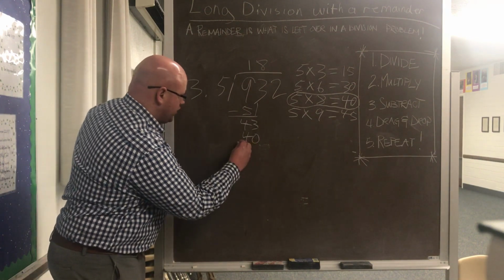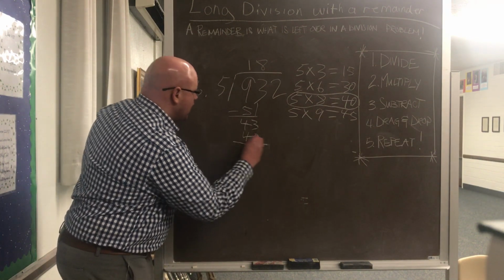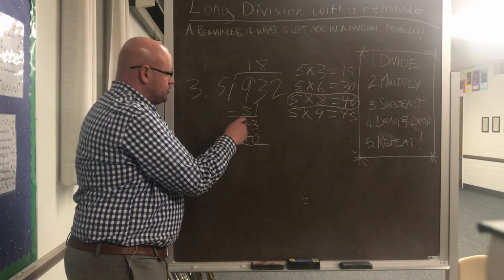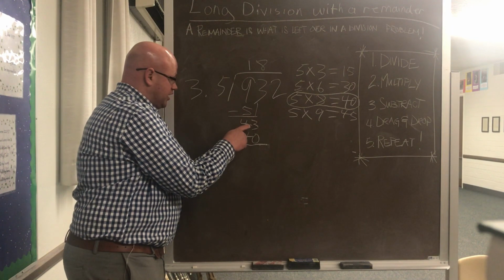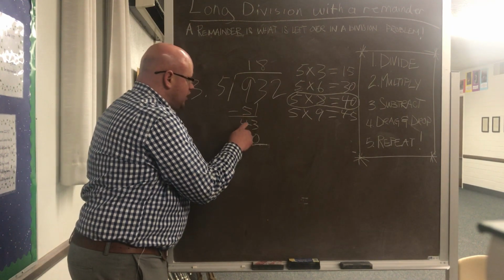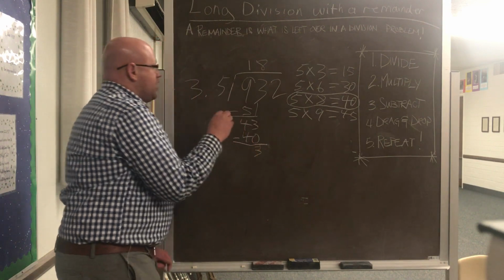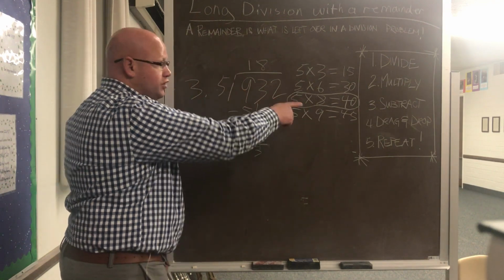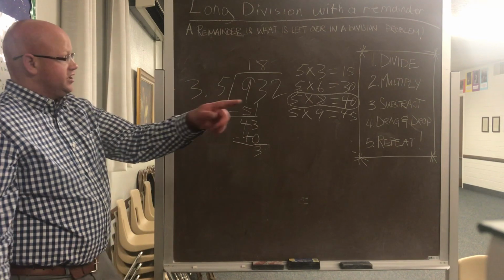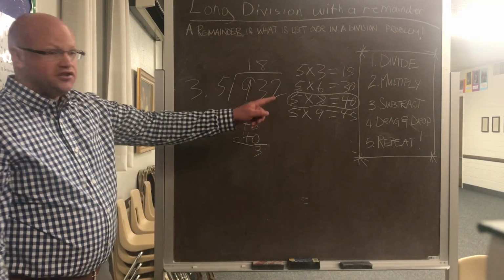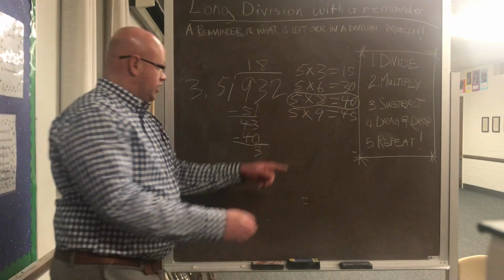We put the 40 down here underneath 43, and the next step, the third step, is subtract. So let's do that. 43 subtract 40 is 3. And then we do the fourth step, which is, what is it, class? It is to drop, drag and drop.